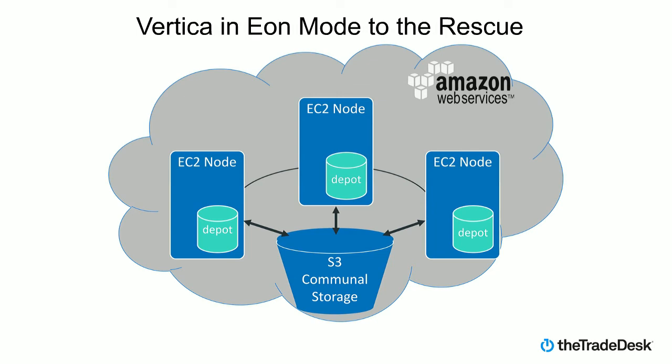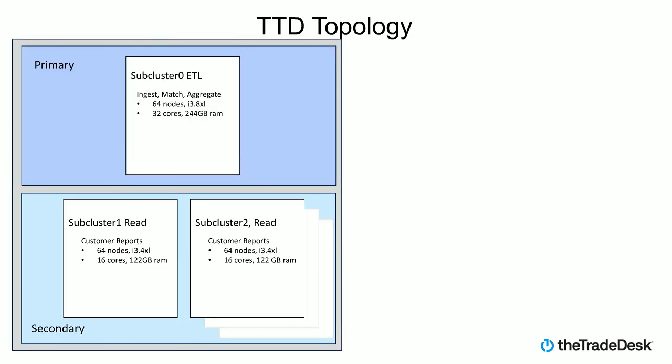Obviously, engineers and the documentation can give you a lot more information, and I'm happy to field questions later on as well. But I want to talk about how we implemented Eon at The Trade Desk. I'll start on the left-hand side at the top. What we're representing here is subclusters. There's subcluster 0, our ETL subcluster, and it is our primary subcluster.